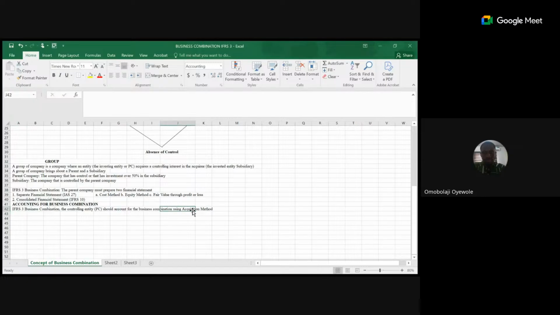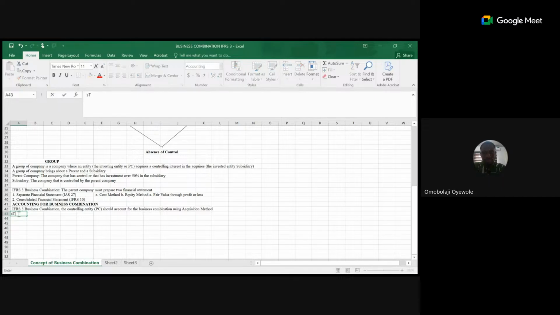If we are to use the acquisition method, what are the steps? Now we are getting to where we are going. What are the steps that the acquisition method prescribes that we must follow?